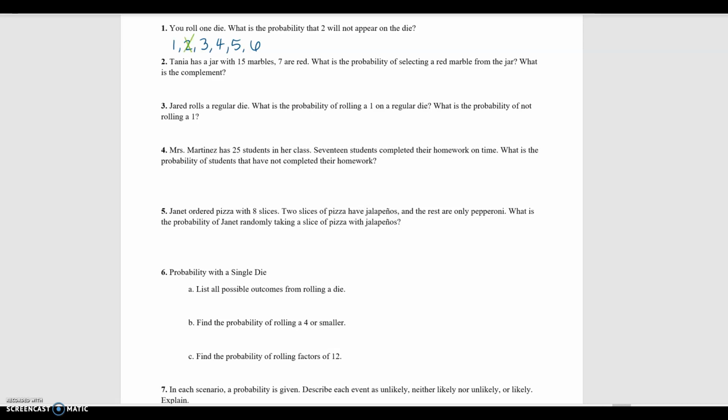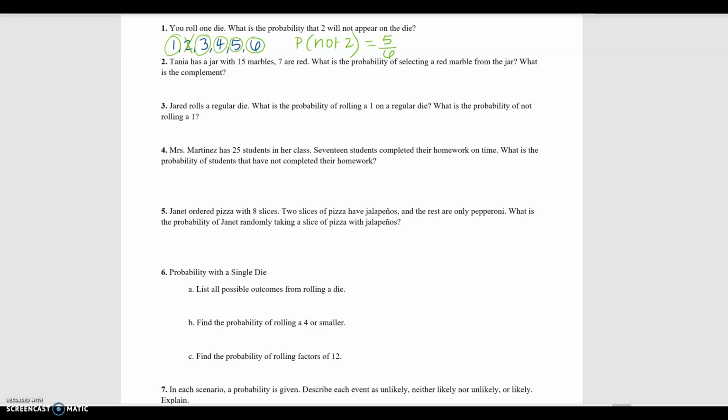So we don't want it to be 2. So the probability of not 2. So which ones are not 2? Well, 1 isn't 2, 3, 4, 5, and 6. So there's 1, 2, 3, 4, 5 options out of 6 possible outcomes. Okay, so listing these is really going to help make you successful. Remember, with probability, on the top is basically the number of occurrences of what we're looking for. Okay, and on the bottom is the total number of possible outcomes.